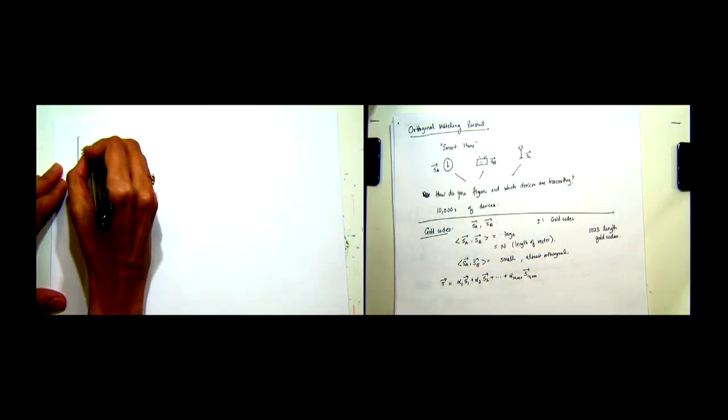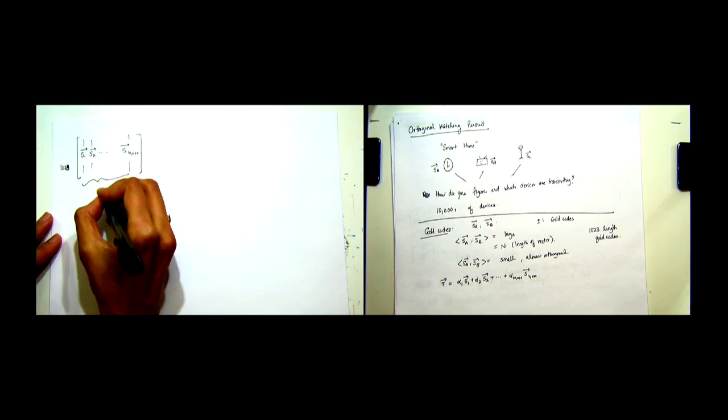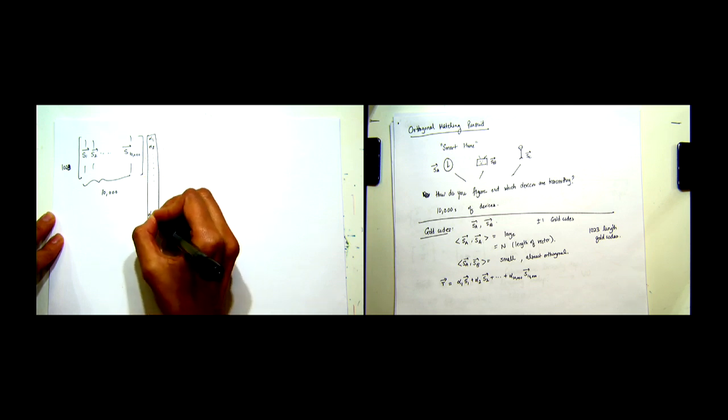If I put all of my signatures in a stack, S1, S2, all the way up to S10,000, these are my vectors, times, so let's say this is now a matrix where 1023 is the number of rows and 10,000 is the number of columns, times my alpha vector, alpha 1, alpha 2, up to alpha 10,000, which is equal to my received vector, right?